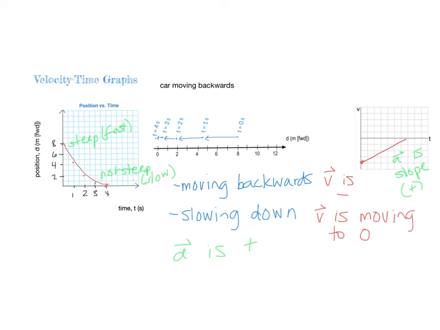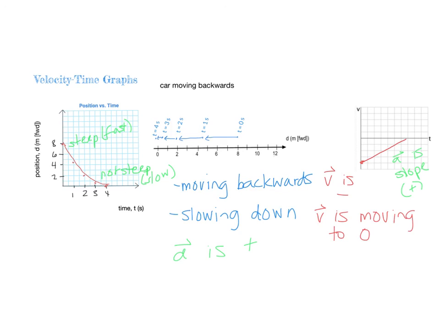So this matches what we see in our other graphs, that it's going backwards, it's starting far and going towards the 0, and it starts to go steeply and then not as steeply, so it's going slower as time goes on. And same here, it's moving backwards, fast, and then slow, so it's slowing down. And here it's moving backwards, or negative, fast, and then it slows to a 0.